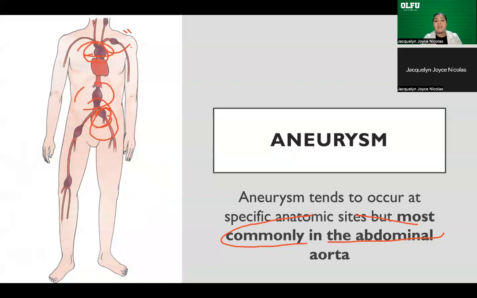So all of those can have an aneurysm. Okay? All arteries can have an aneurysm. Especially when you discuss neuro, it can also happen in the cerebral artery. However, for today's discussion, we will focus more on the abdominal aorta, which is again the most common site of aortic aneurysm.